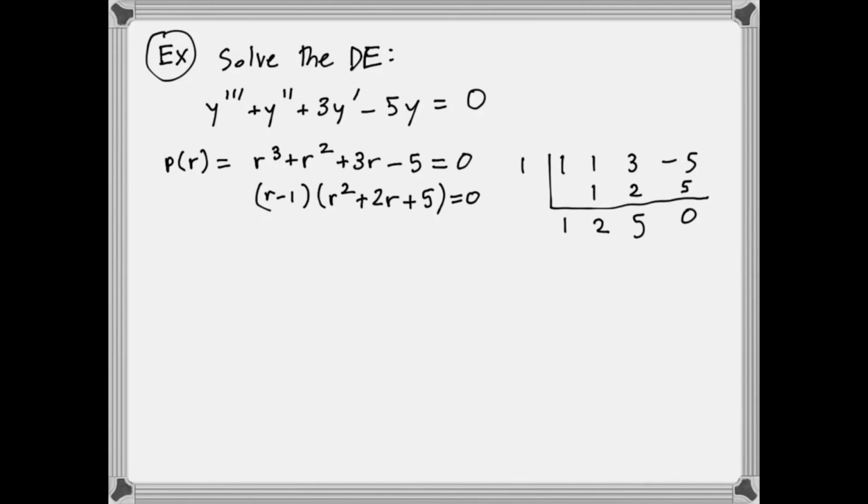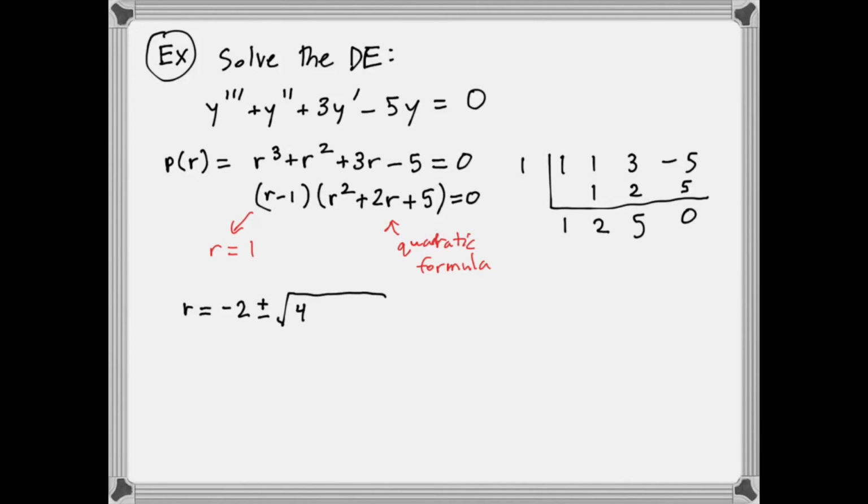Now try as you might, that second guy does not factor, and so we need to use the quadratic formula on this. Because we do get, from this guy, r equals 1, but we need to figure out what the other guy is, right? So if I use the quadratic formula, I'm going to say r is equal to negative b plus or minus the square root of b squared minus 4ac.